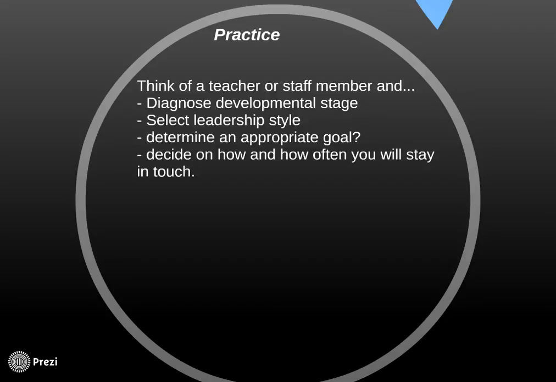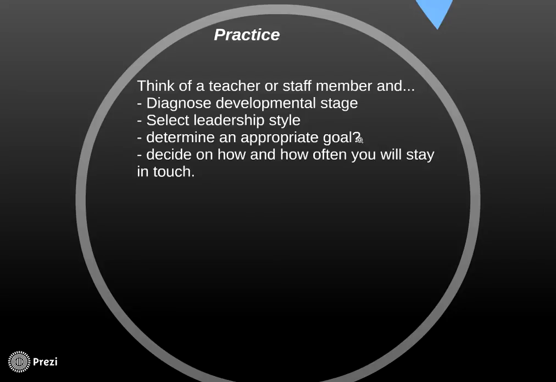So as I said, from now until the meeting, pick a staff member and go through these stages and get a little practice in diagnosing their stage. What kind of leadership style do they need at that point, and what's the next goal? Determining the goal is based on the stage they're at.